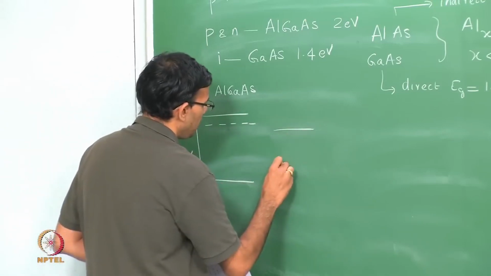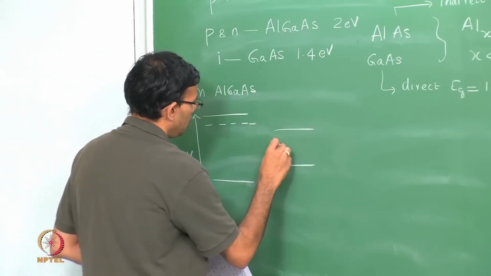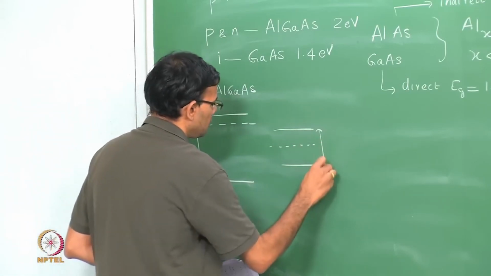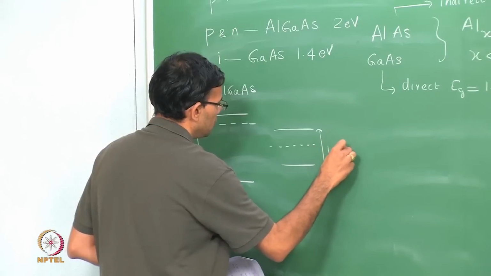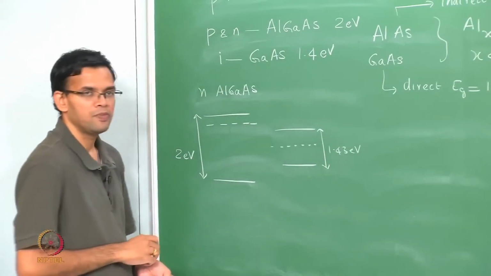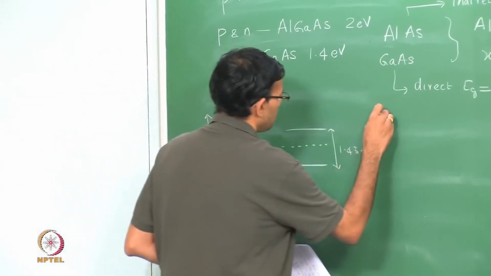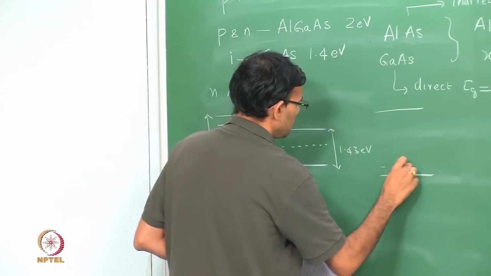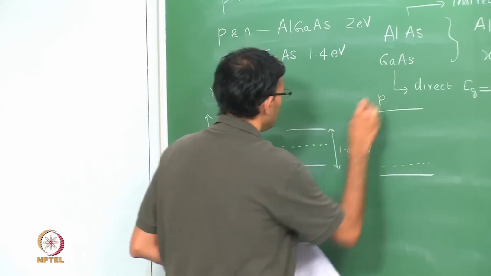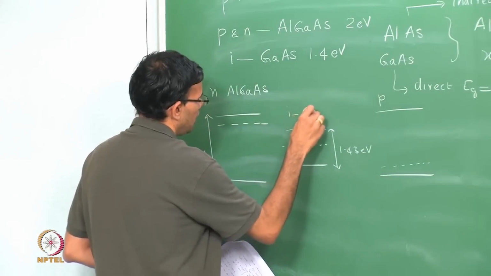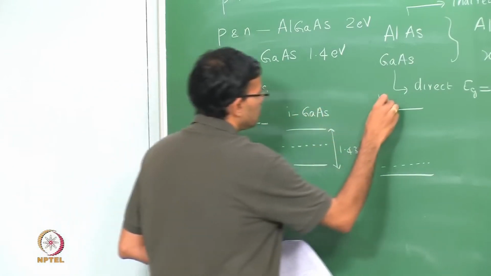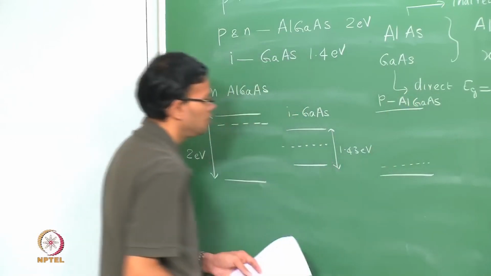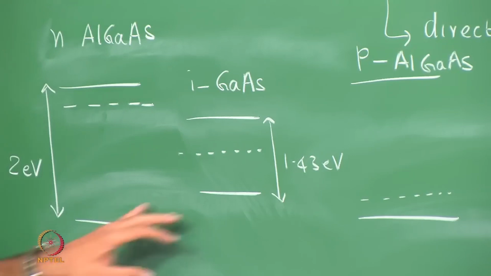So, either way the band gap is smaller and the Fermi level is close to the center of the gap. And then finally, I have P type gallium arsenide or P type aluminum gallium arsenide. So, this is intrinsic gallium arsenide, this is P AlGaAs.